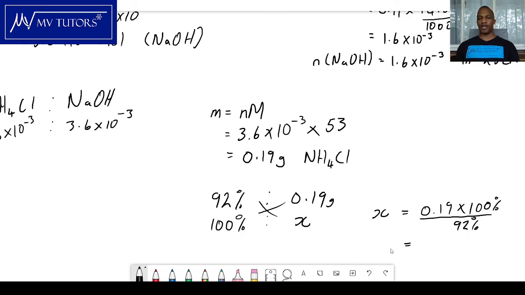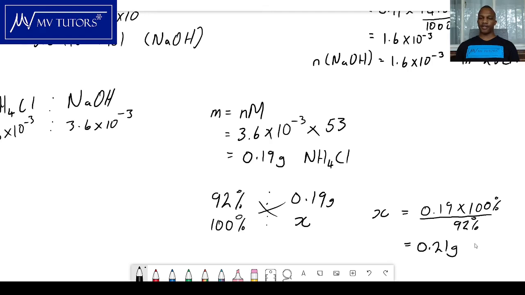Okay, so then we'll put this in a calculator. Let me put it real quick. It really sucks that you can't see this. I wish you could. My calculator would make things far easier for you. But anyway, we get 0.21 grams.